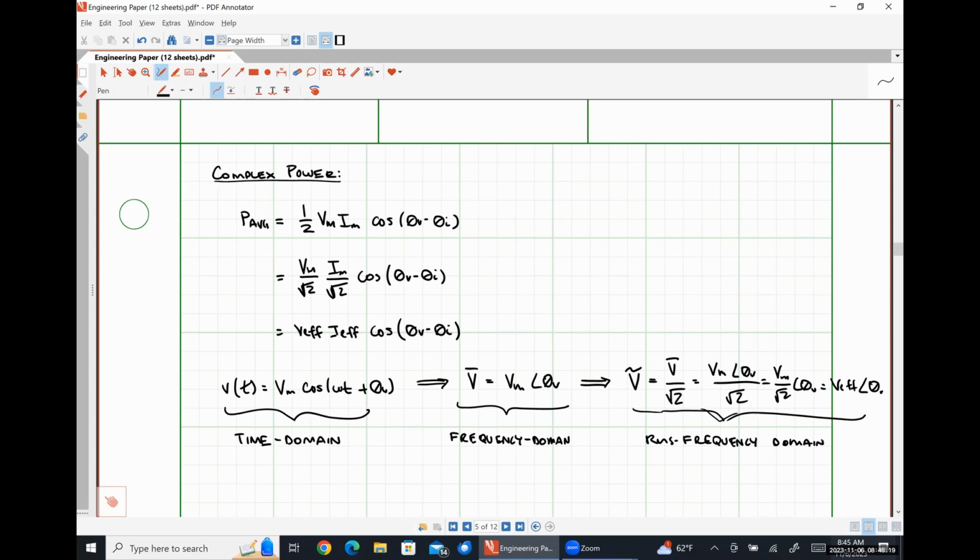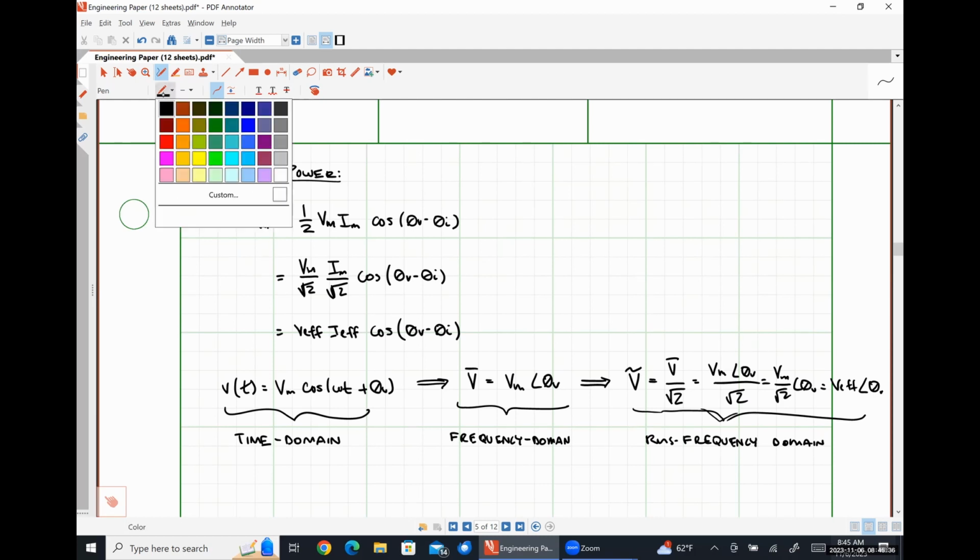And just to repeat, we get to the RMS frequency domain simply by taking our phasor voltage and dividing it by √2. That division only impacts the magnitude. It does not impact the phase angle at all. Okay.